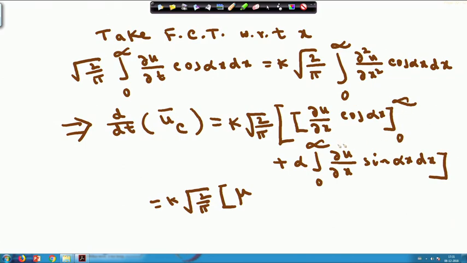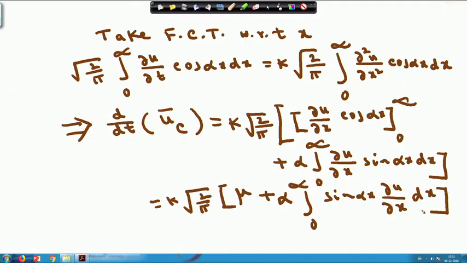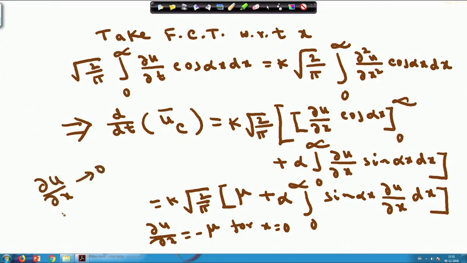So for this part, del u del x cos of alpha x from 0 to infinity, you will get only this, plus alpha into integral 0 to infinity del u del x sine of alpha x dx. Please note that del u del x equals minus mu for x equals 0, and del u del x approaches 0 as x approaches infinity. Using these two conditions, I am getting this.